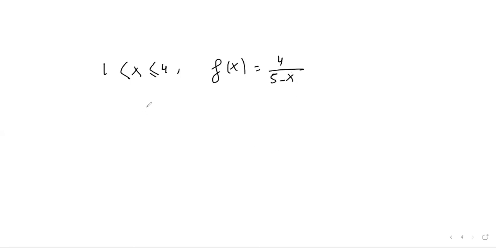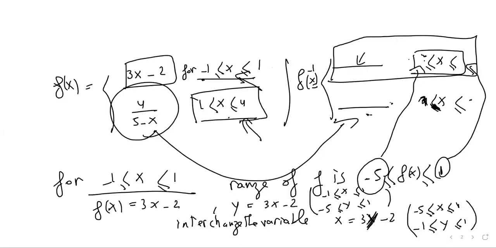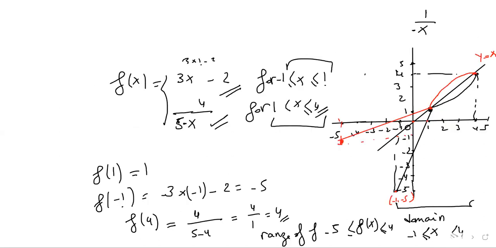For the range of f for these values, if x is between 1 and 4, the highest value is the image of 4, which we already calculated. f(4) is equal to 4 and f(1) is equal to 1.